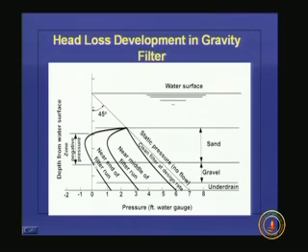So how to find out the filter head loss, how to calculate that, and how we can clean the filter, those things we will discuss in tomorrow's class, and today we will see what all the things we have learned till now. We have seen that filtration is a polishing operation.